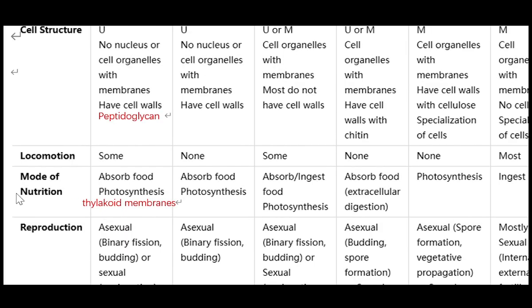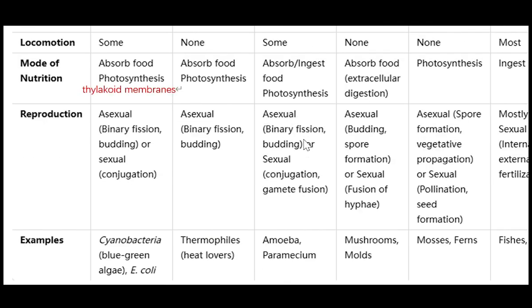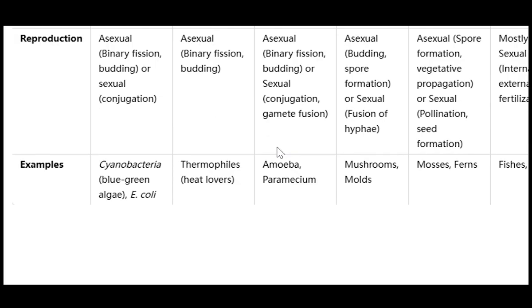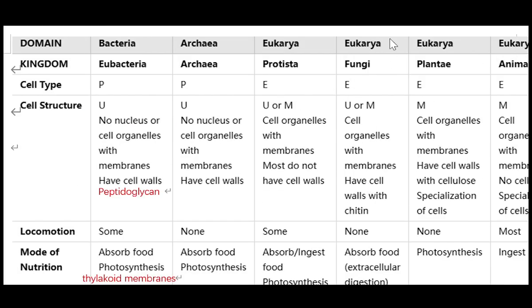And in terms of the mode of nutrition, again, that is very similar to the bacteria and archaea. Some of the protists are autotrophs while others are heterotrophs. And they can reproduce asexually or sexually. Again, I'm going to cover that part in the next lesson. Well, I used a lot of "again" in this lesson. And forget about examples here because we're going to be going through these examples in the next lesson.